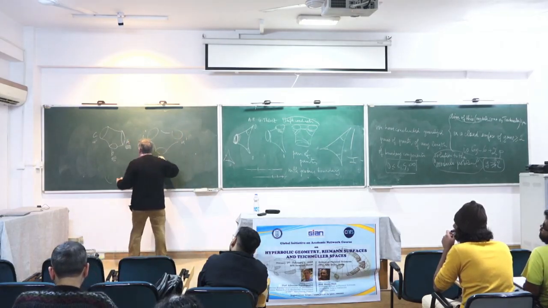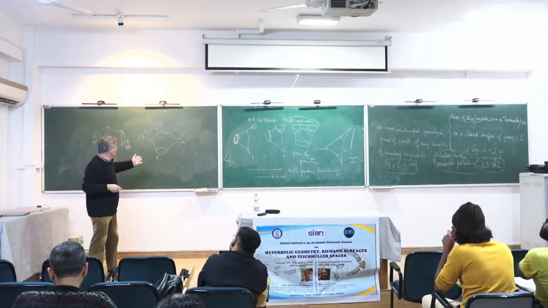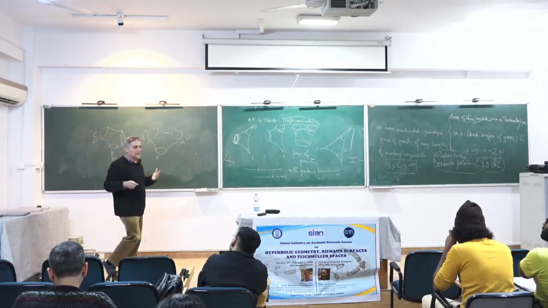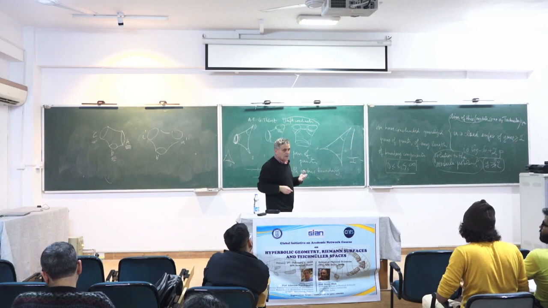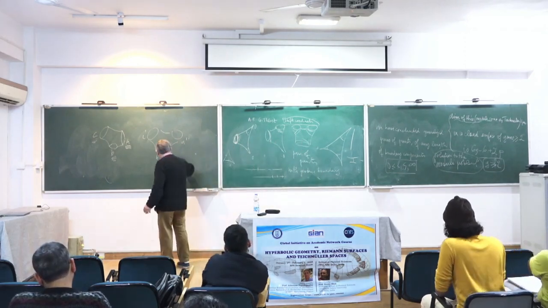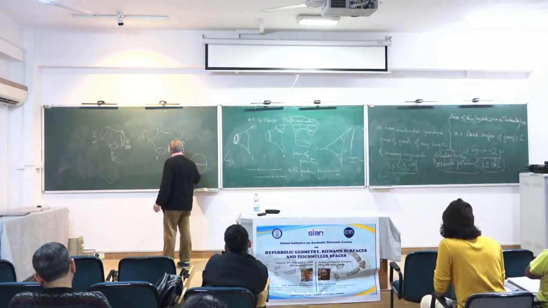If they have the same lengths, I can glue them. As we did before for the Euclidean case, I get a closed surface of genus 2. So now I have another method than the polygons, a different method for getting this surface of genus 2.